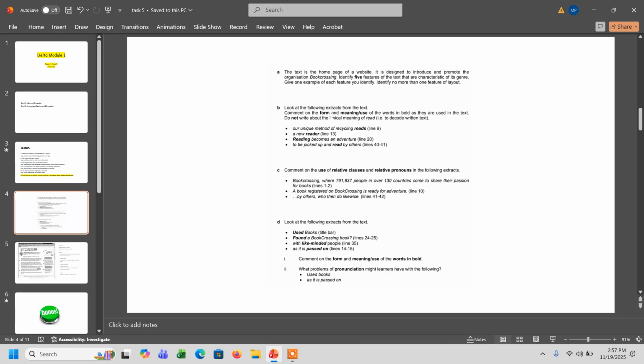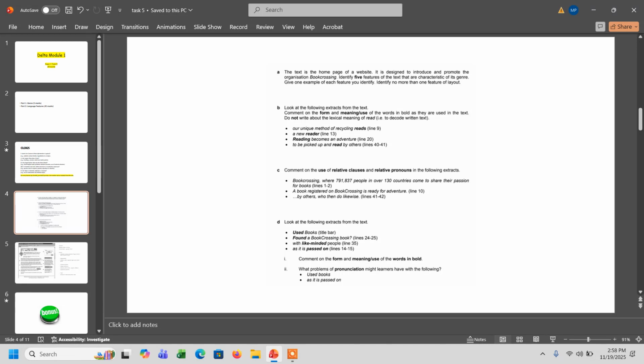But here it is only form, meaning, and use. If you write about pronunciation, you are just wasting time. You don't need to write about unasked questions. Focus only on what you are asked for. So read the rubrics very carefully. Sometimes they only ask form alone. So let's quickly break down these tasks.